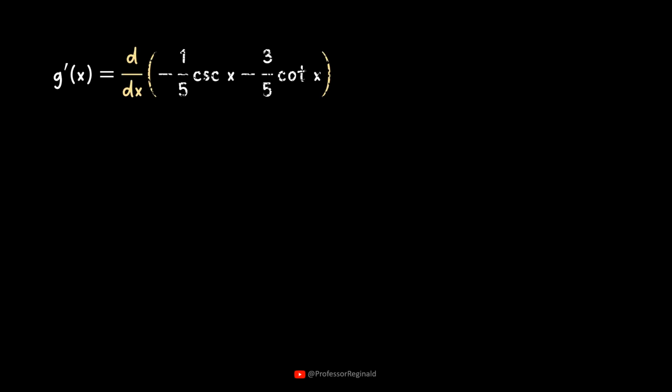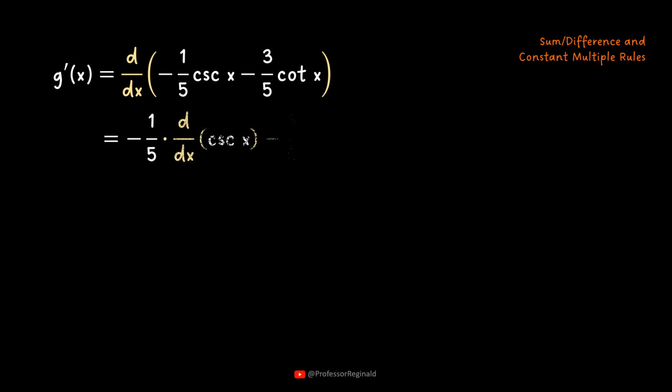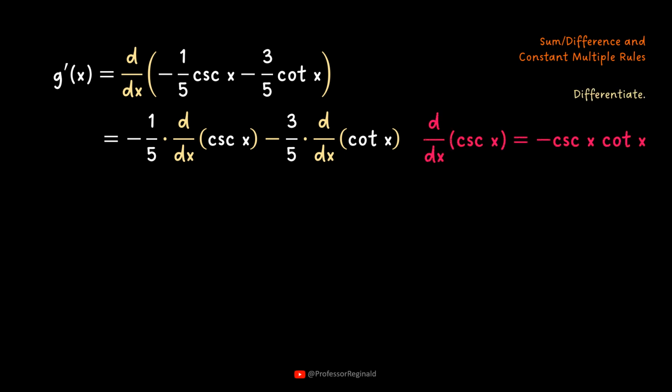g prime of x is the derivative of g with respect to x. Apply the difference and constant multiple rules, and differentiate using trigonometric function rules.